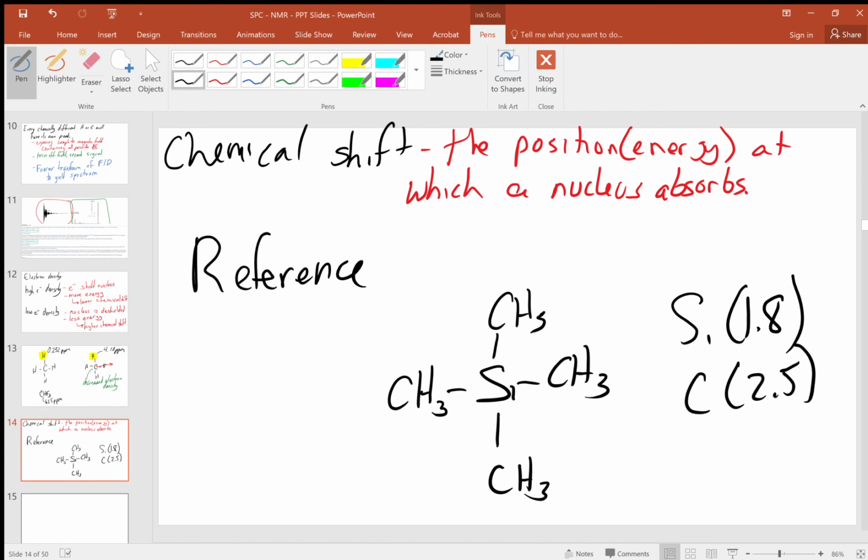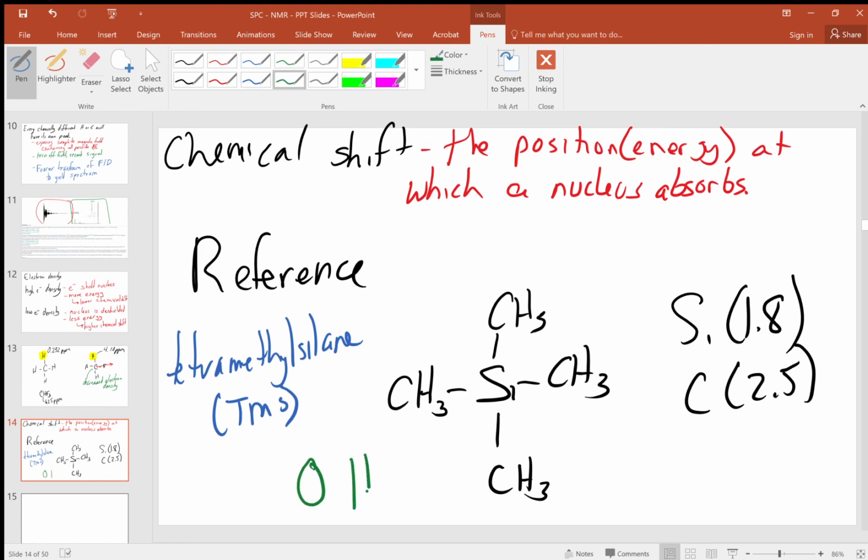So the carbons in this compound, known as tetramethylsilane, which we abbreviate as TMS, these carbons, as well as their hydrogens, are highly shielded because they're surrounded by electron donating groups. And so this compound TMS is referenced to 0 hertz.